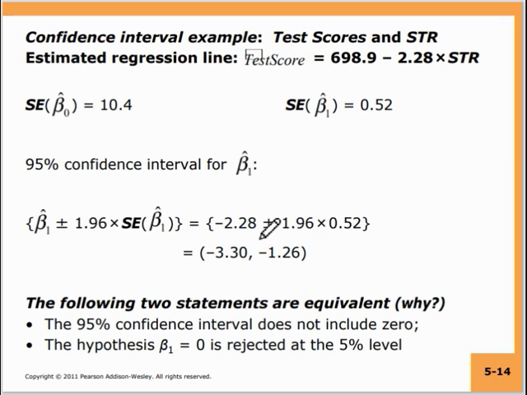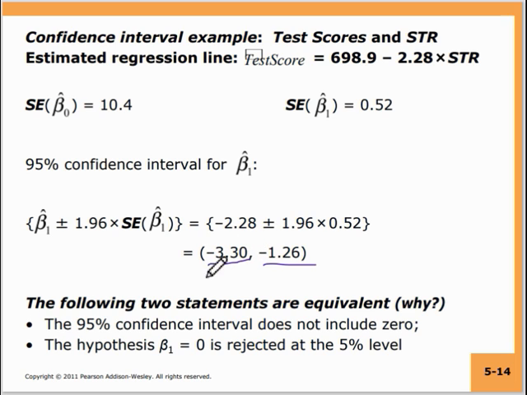Minus 2.28 is your beta 1 hat, plus minus 1.96 multiplied by 0.52. If you remember, the standard error of beta 1 hat as calculated by the software was 0.52. So minus 2.28 minus 1.96 into 0.52 is minus 3.30. Minus 2.28 plus 1.96 into 0.52 is minus 1.26.